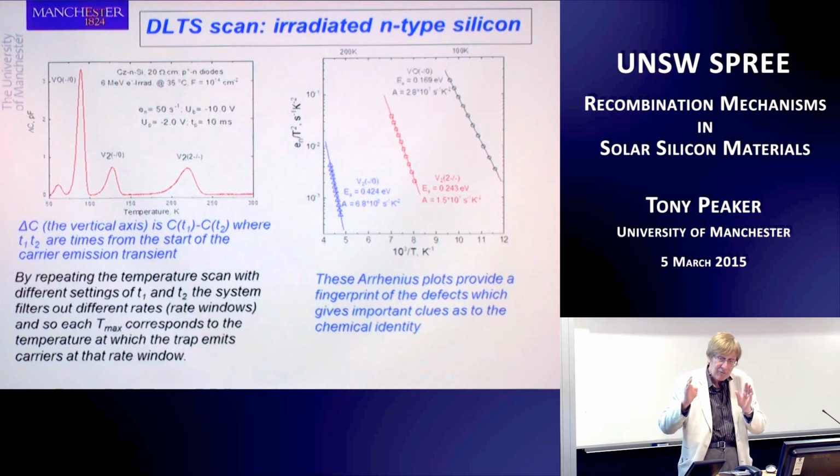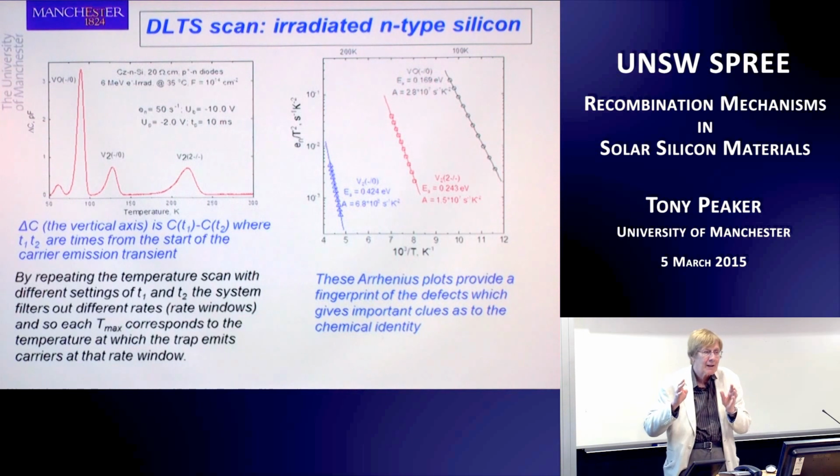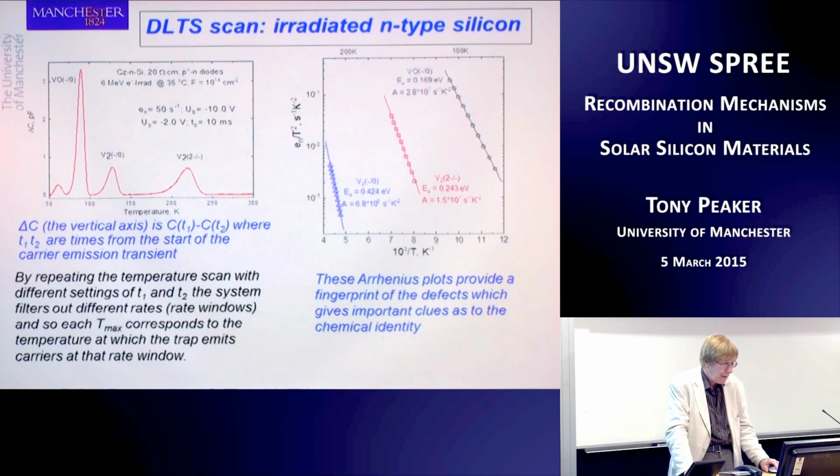So by changing the rate window, essentially you're changing the timing in the system, and you're looking at different time constants. So in the DLTS plot, you change the temperature, and because of that exponential term of the emission depending on temperature, then the emission rate changes, the rate window captures this, and you can look at different defects.